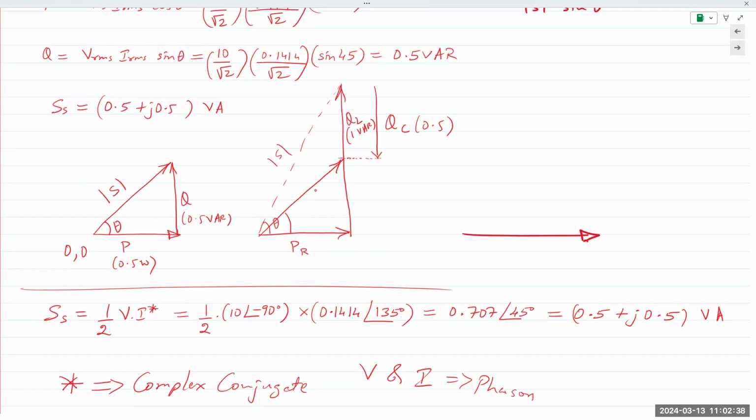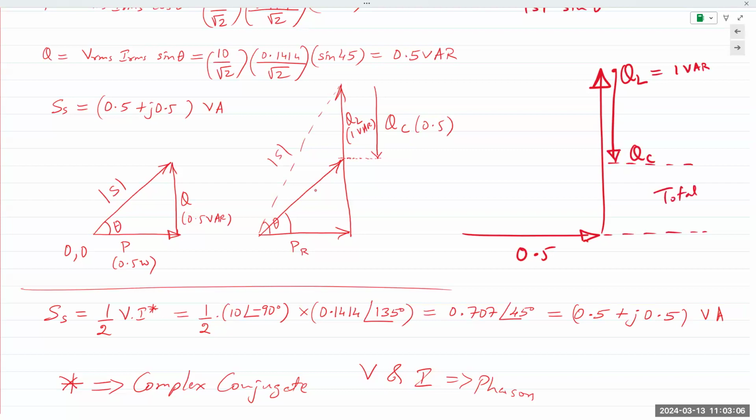So you plot this, you would have 0.5 on the x-axis. This would be PR, which is 0.5 on the real axis. And then QL, of course, goes straight up. Capacitor QC is negative, so it comes straight down. My QL requirement was 1 VAR, but because QC is negative, it reduces the total required power in half.